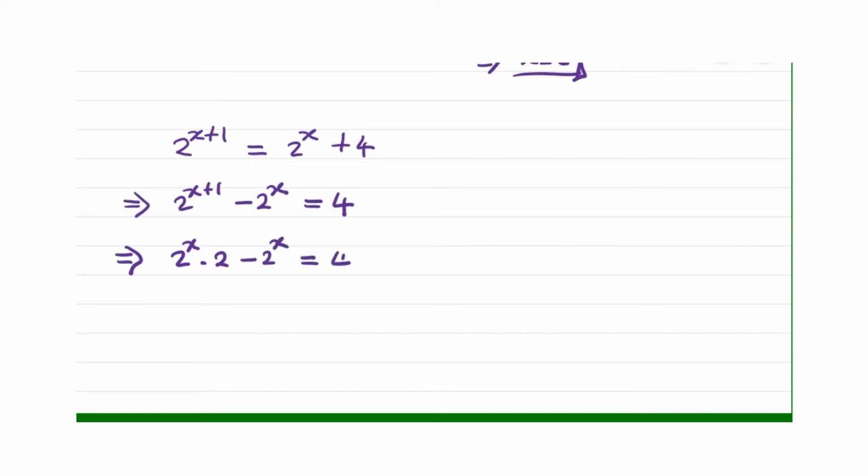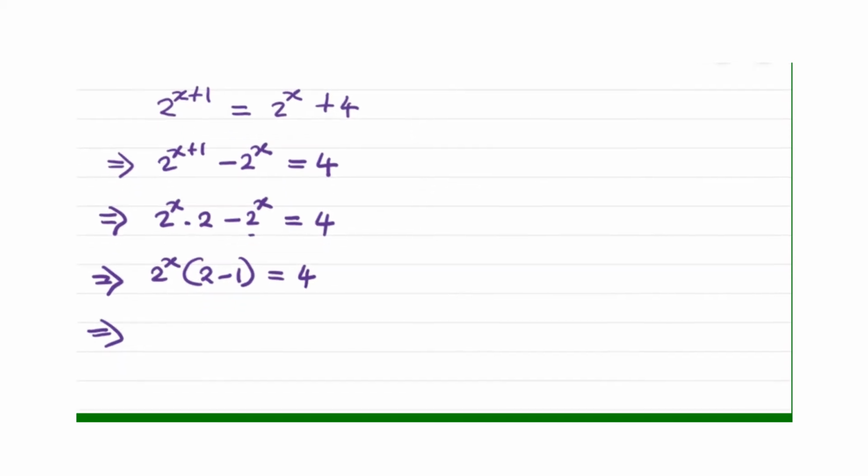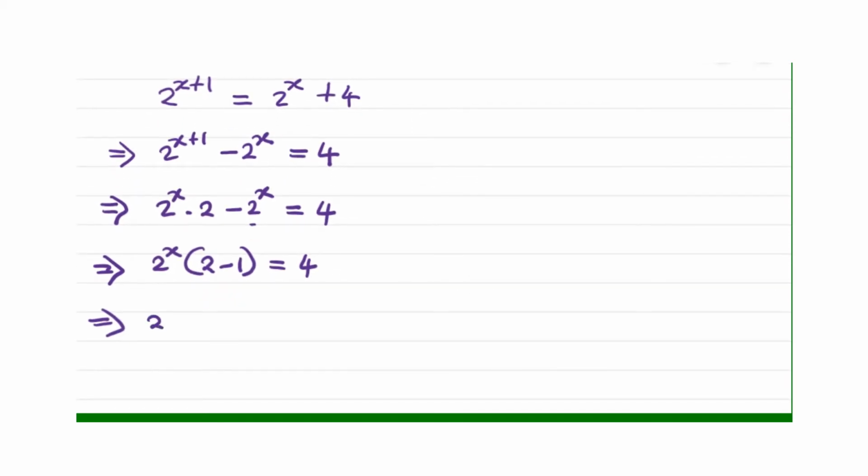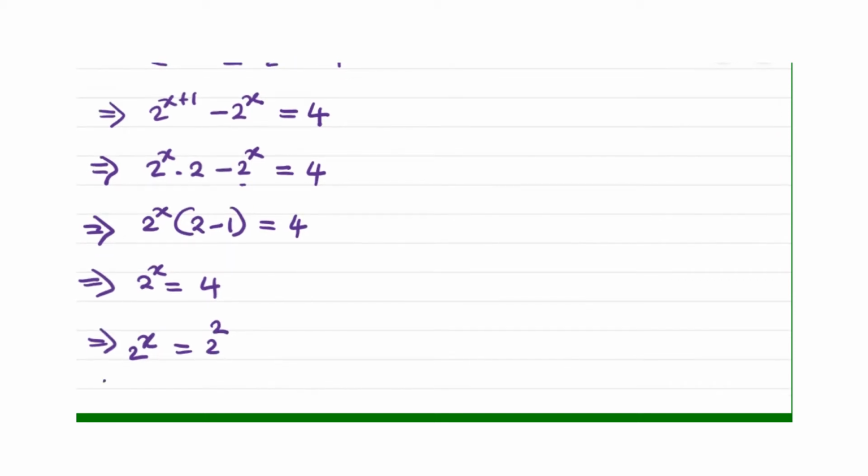Going further, factorizing, can you see 2 to the power x becomes common, therefore it will be 2 to the power x, open bracket, 2 minus 1, close bracket, equals 4. 2 minus 1 is 1, therefore 2 to the power x equals 4, which means 2 to the power x equals 2 to the power 2, therefore x is equal to 2 since the bases are the same.